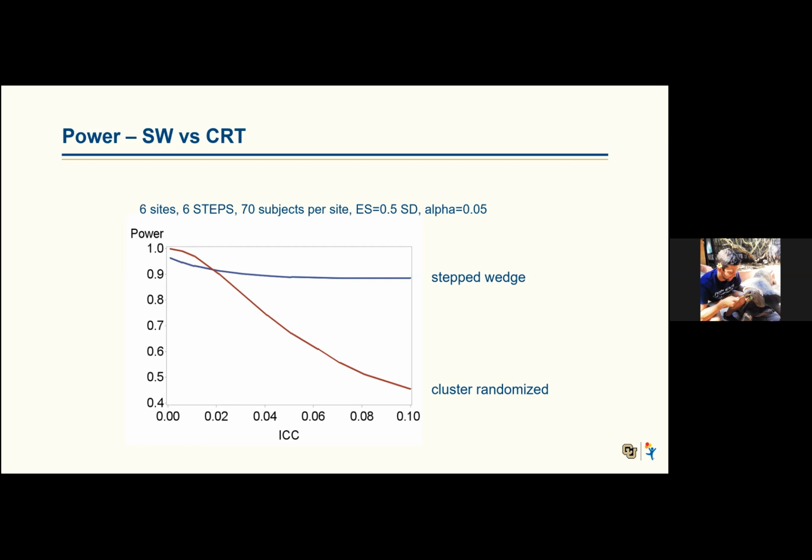This example has 6 sites, and you can see as the interclass correlation increases, the power in the cluster randomized trial really declines quite dramatically, whereas the stepped wedge design stays fairly constant. And that's because you're getting information on subjects under both conditions, both in the control and the intervention.